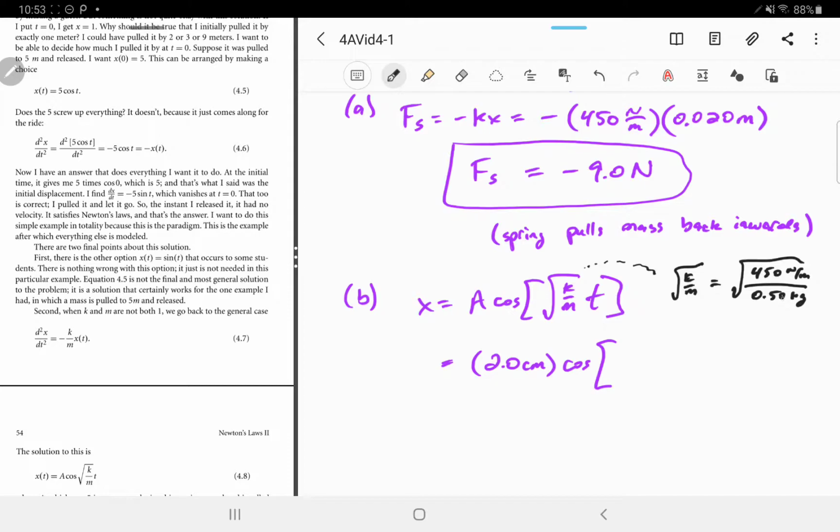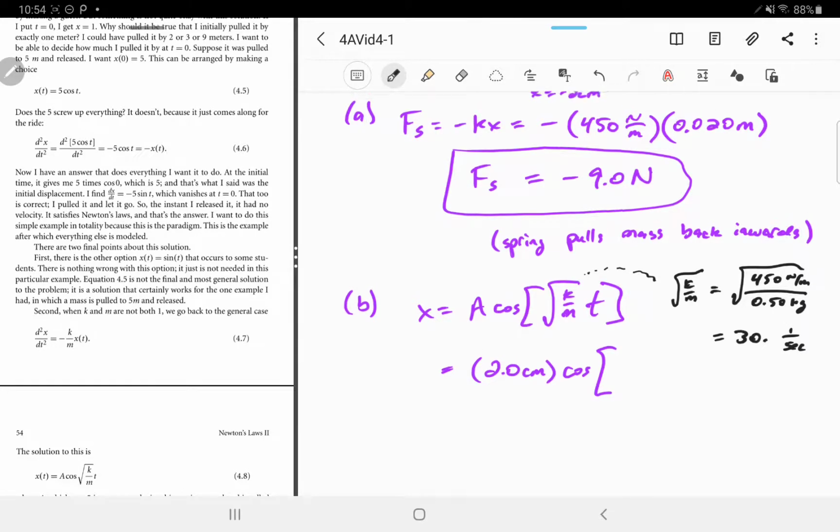Okay, so 450 over a half is 450 times 2, which is 900. Square root of 900 is 30. This is 30 inverse seconds, so 1 over seconds are the units here. You might see this written as 30 radians per second. A radian is unitless.